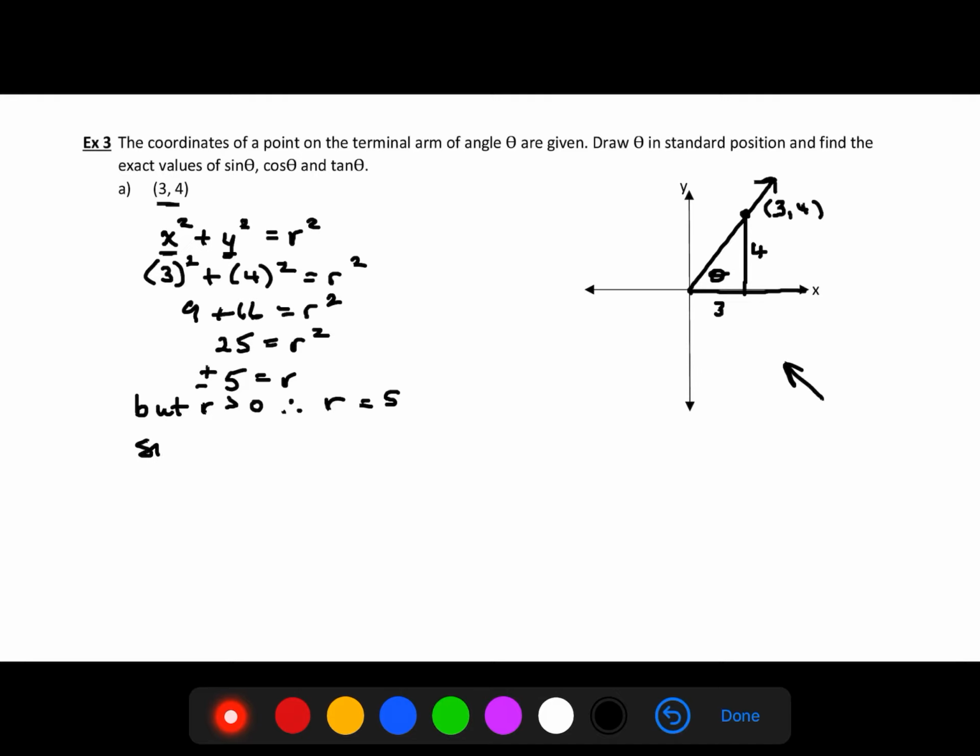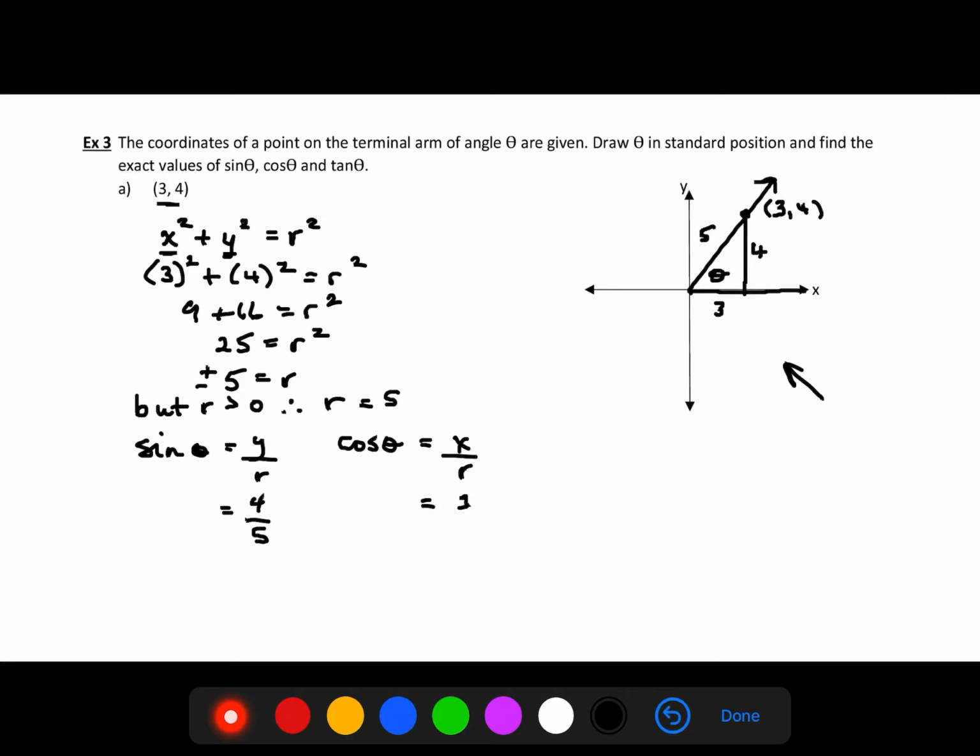So now that we have all 3 measures, we are going to set up our ratios. Sine theta is equal to y over r. So our y value is 4, our radius is 5. So sine theta is equal to 4 over 5. Cos theta is equal to x over our radius. And if we forget that, we can just look at our triangle over here.